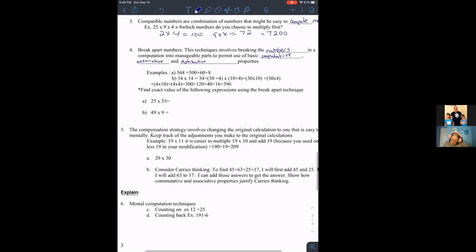Find an exact value of the following expressions using the break apart technique.